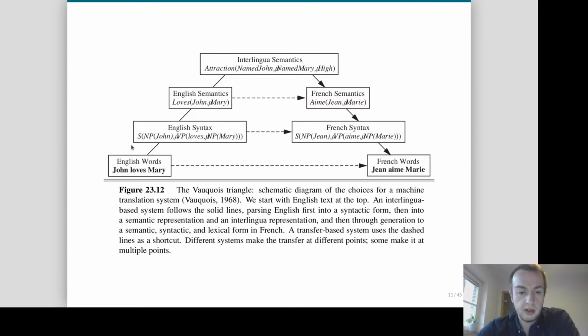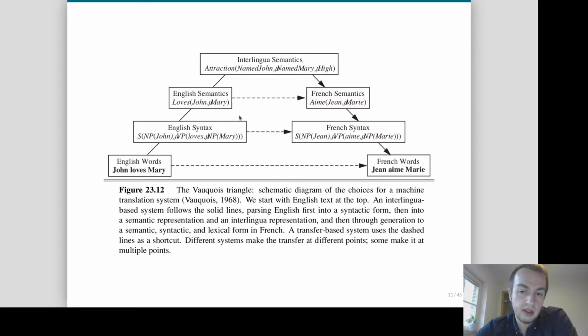So you could go from the lexical representation, like the original representation of the sentence, and then parse the sentence into maybe its syntax, in which you've identified the fact that John is a noun phrase, that loves is a verb, and that Mary is a noun.